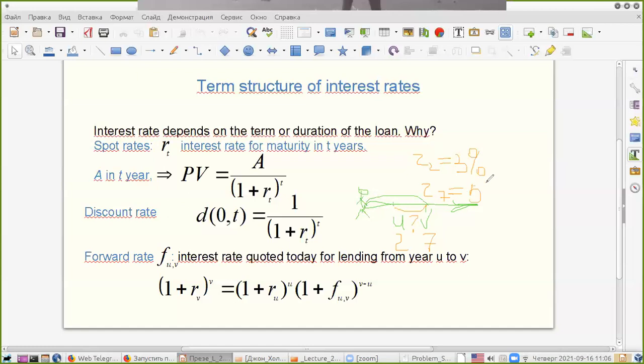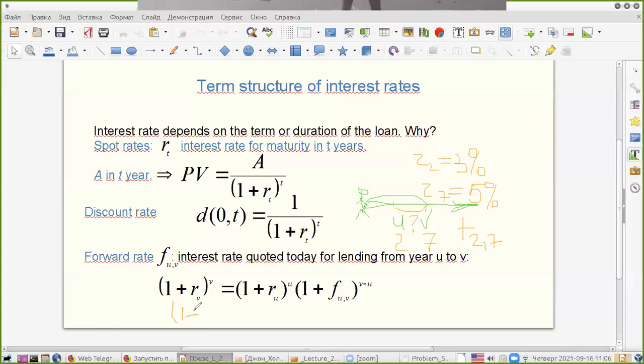Is it logical? Yes. You know, for a deposit for more years, the interest rate is higher. And it's known for today. We know this and this, and we would like to know what will be f from 2 to 7. And for finding this, we can solve this equation.